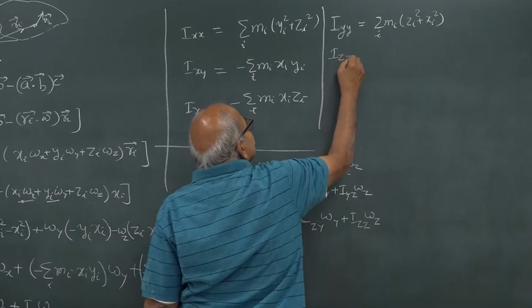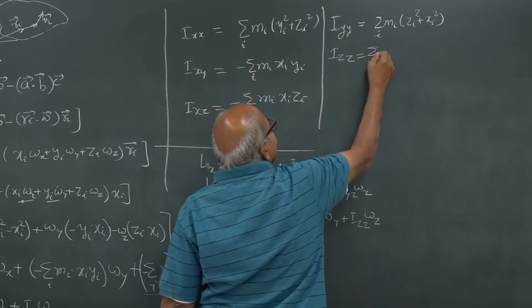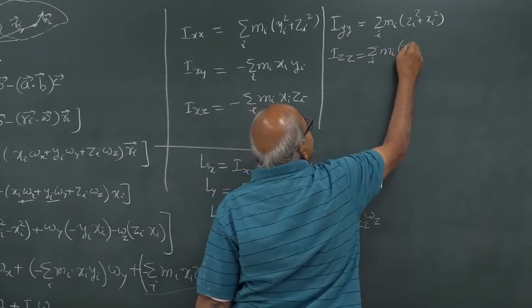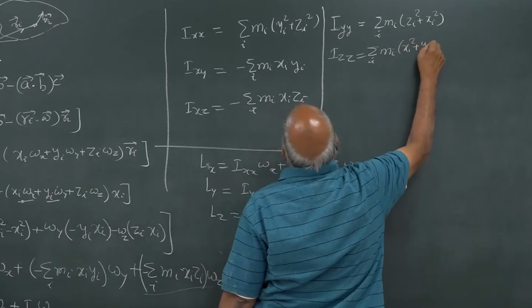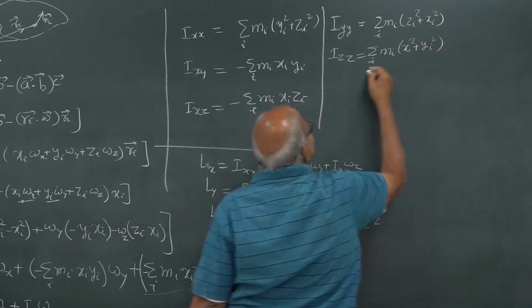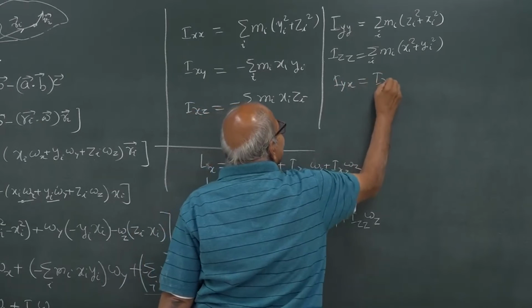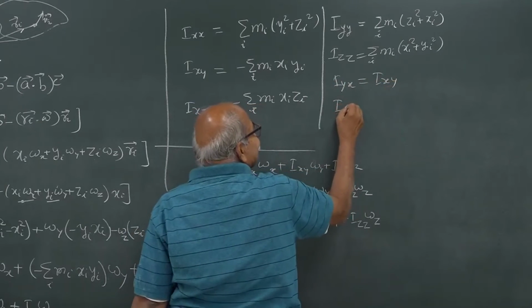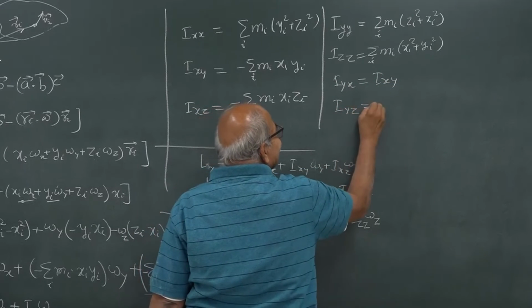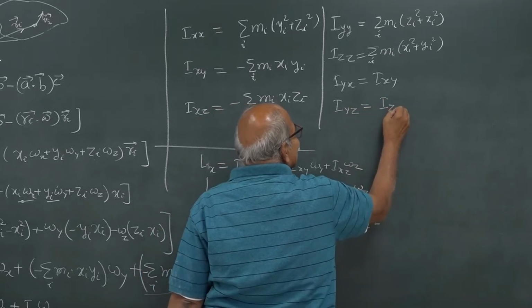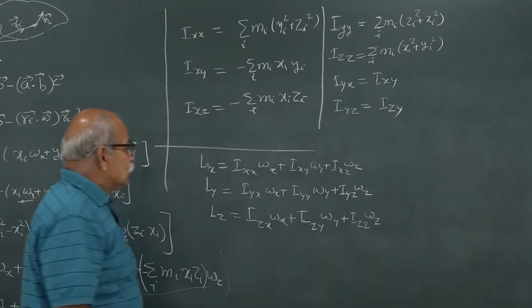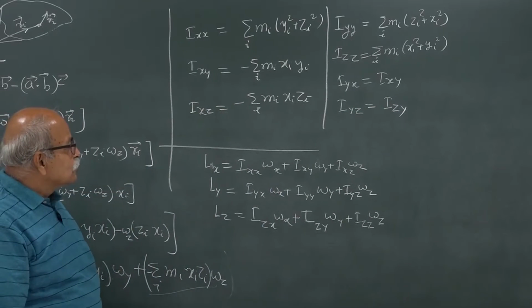Izz will be summation over i of mi into xi square plus yi square, and then Iyx will be the same as Ixy and Iyz will be the same as Izy.